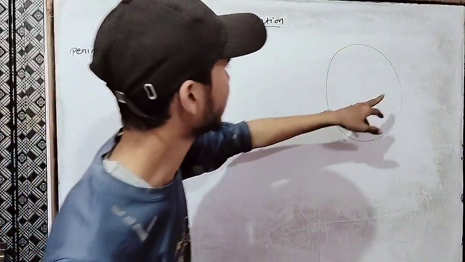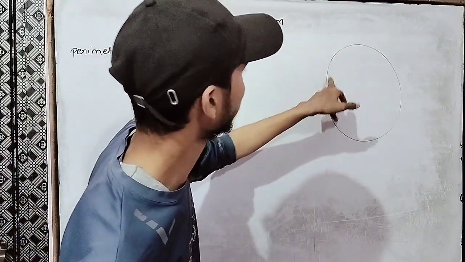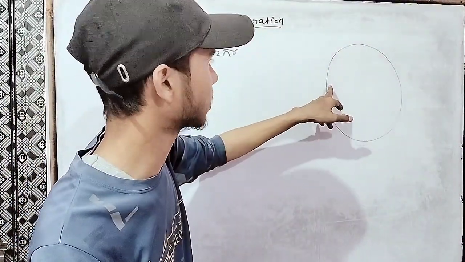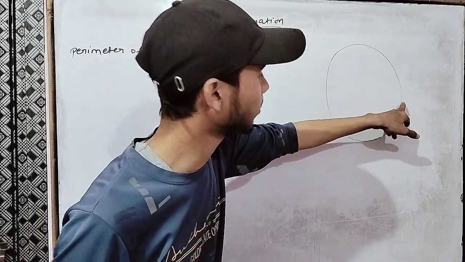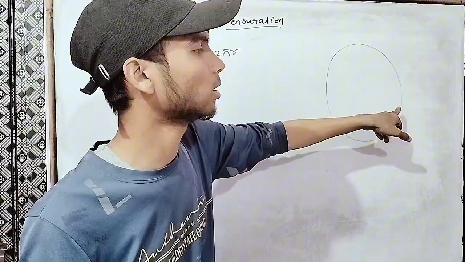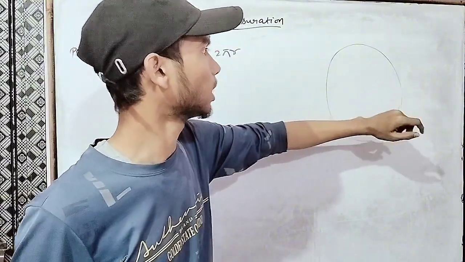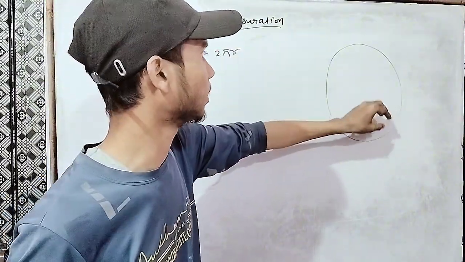From here to here is 3.17 something, then again from here to here is 3.17 something, then we have a little area left.